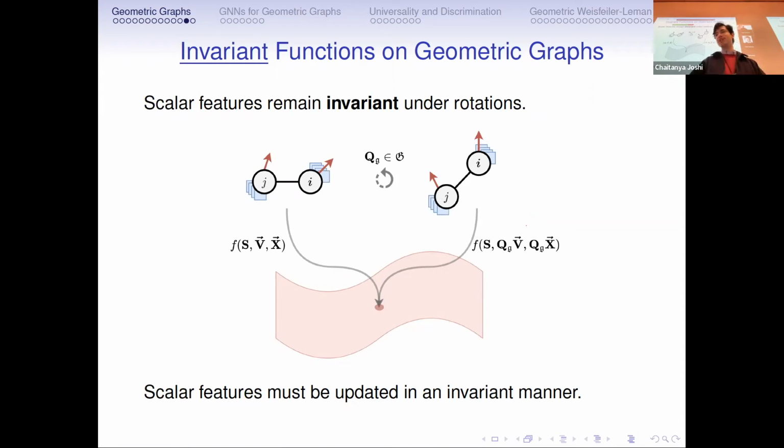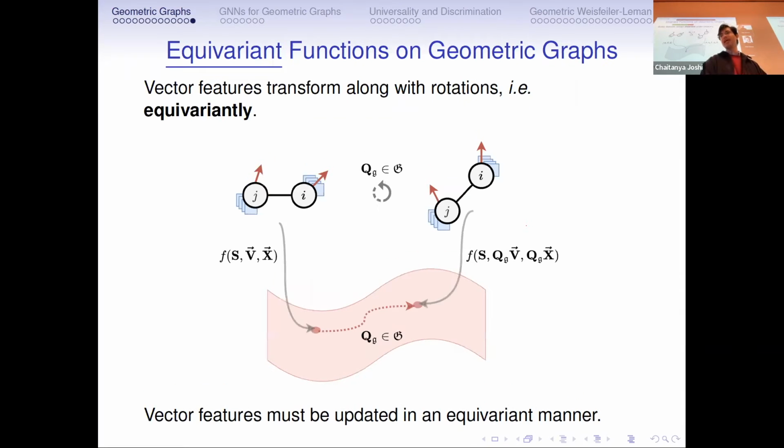So what this figure shows is that, if I rotate my input, if I rotate my graph, then in the output space, F is maybe my GNN layer. In the output space, they should map to the same point or the same output. At the same time, vector features, as we said, are rotating along with the graph, right? If you rotate your graph, then your vector features rotate equivalently.